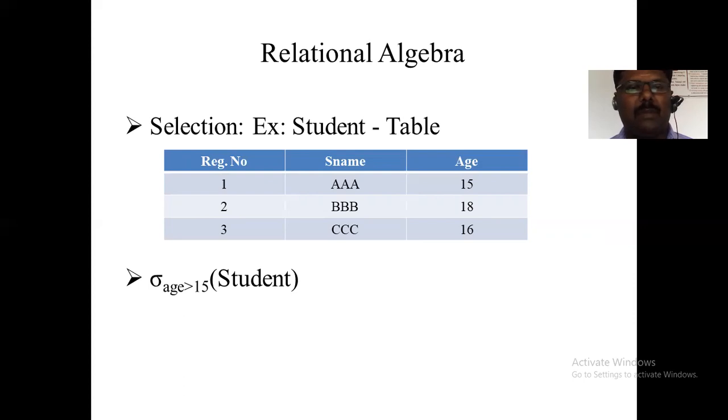Out of this table we'll get two different tuples: register number 2 and register number 3. Why? Because the age of register number 2 is 18 and the age of register number 3 is 16. So the result of the query will be register number 2 and register number 3.